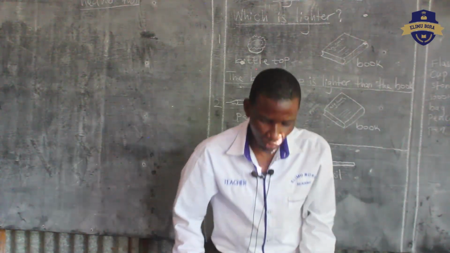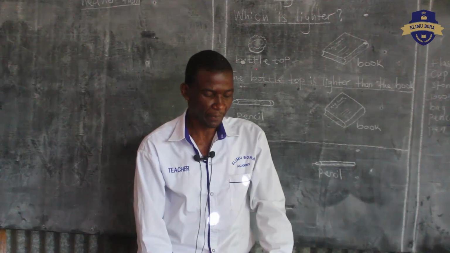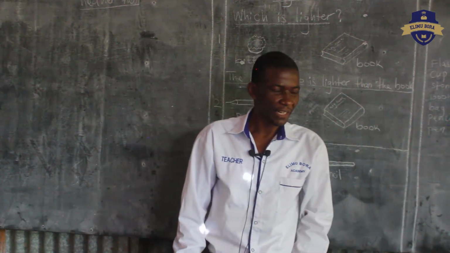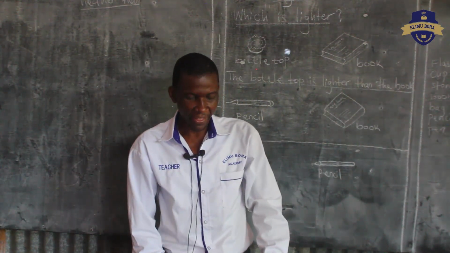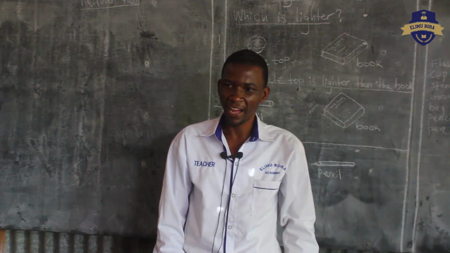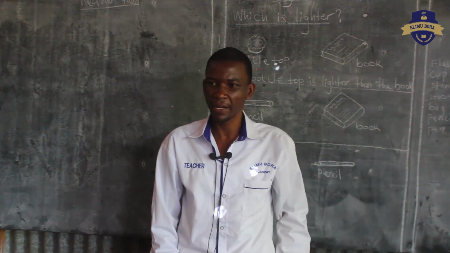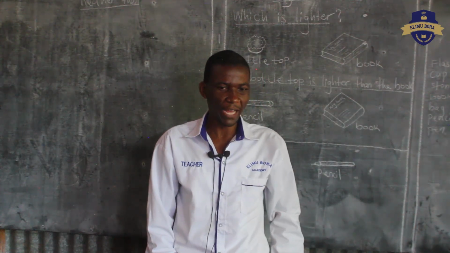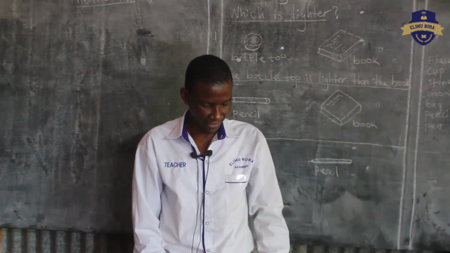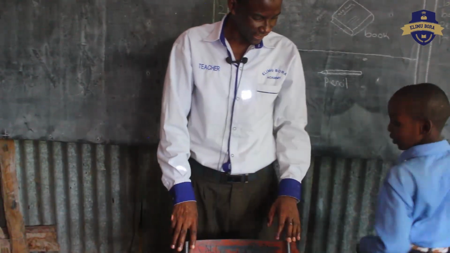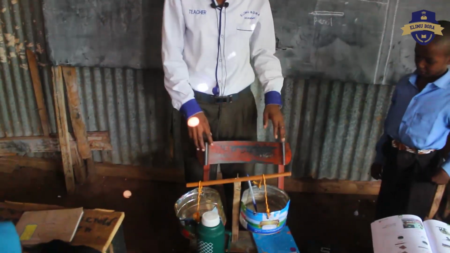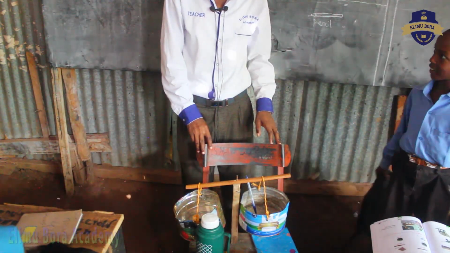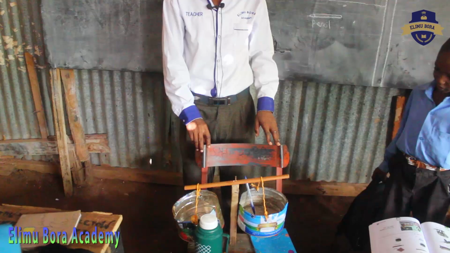exercise, I want one person to come here. We want to lift a flask and our bag. The flask and the bag. We have a bag. Can you lift the bag? And lift the flask.